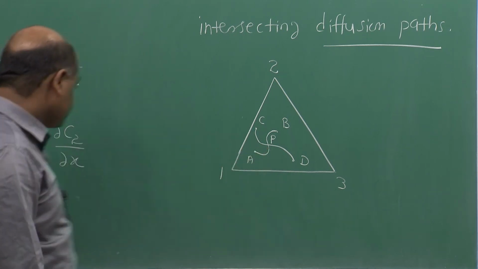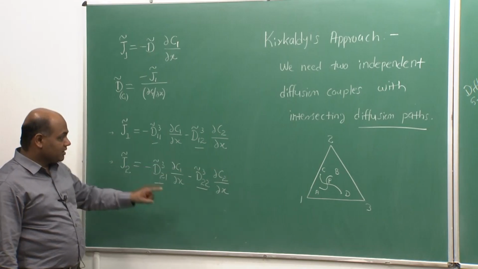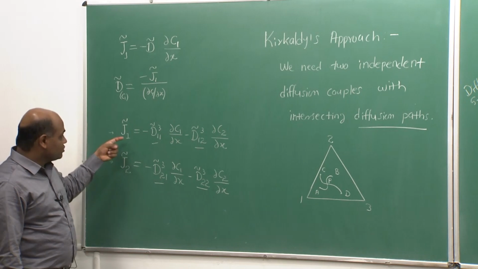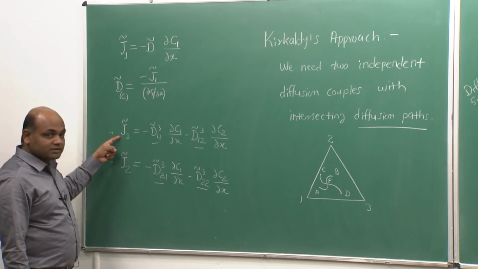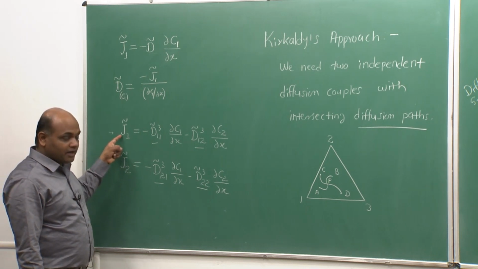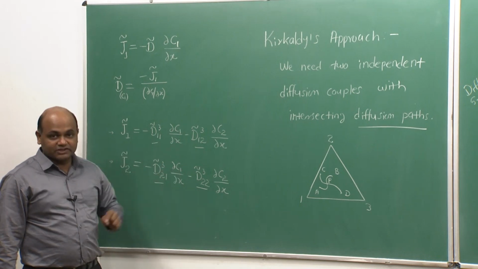Because at the composition corresponding to point P, in each couple we can write two independent flux equations, one set of two equations for couple AB, the second set for couple CD.